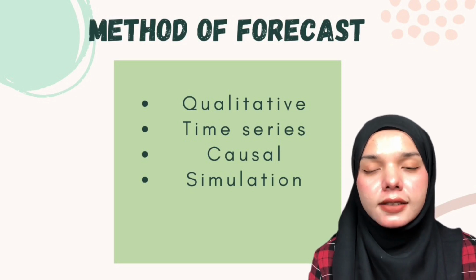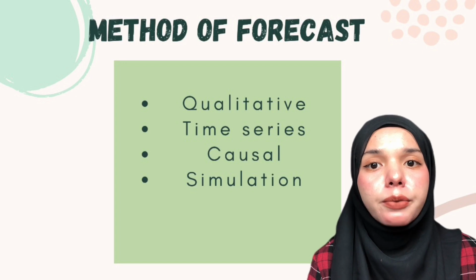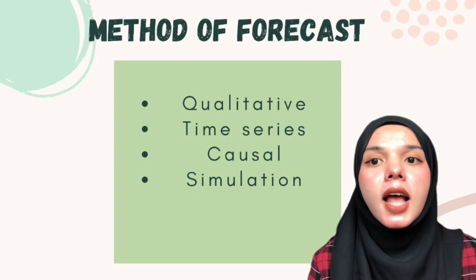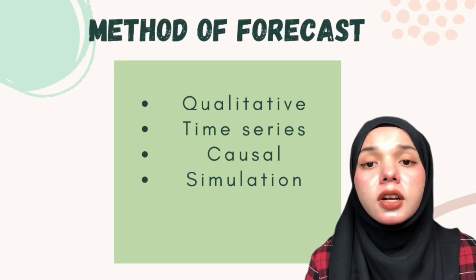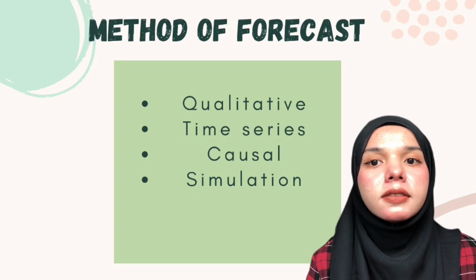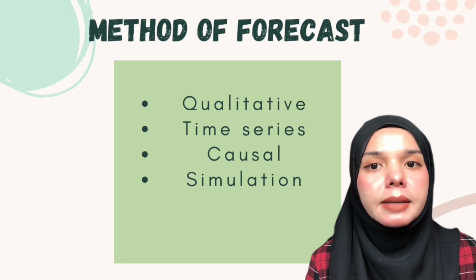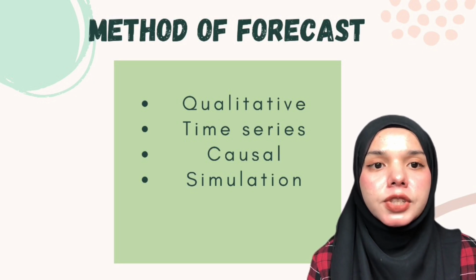Third, causal. Causal forecasting methods assume that the demand forecast is highly correlated with certain factors in the environment, such as the state of the economy, interest rate, and many more. Causal forecasting methods find this correlation between demand and environmental factors and use estimates of what the environmental factors will be to forecast future demand.